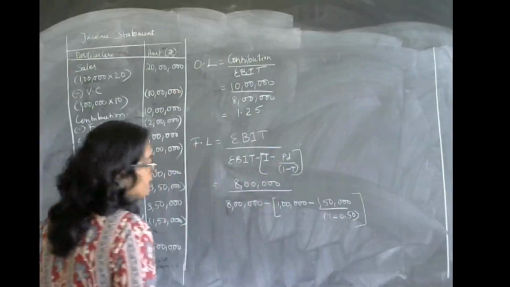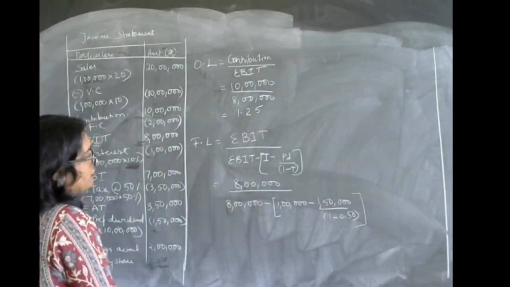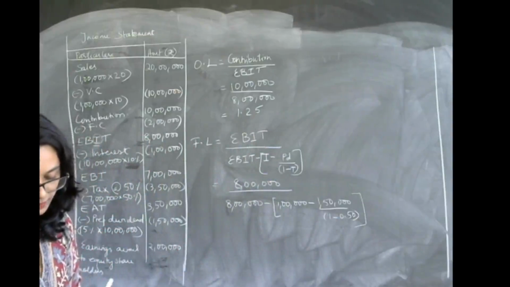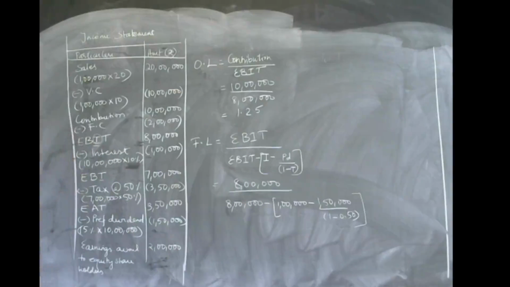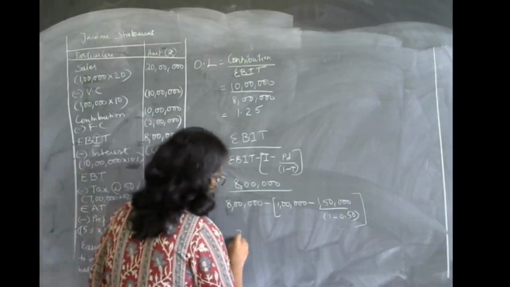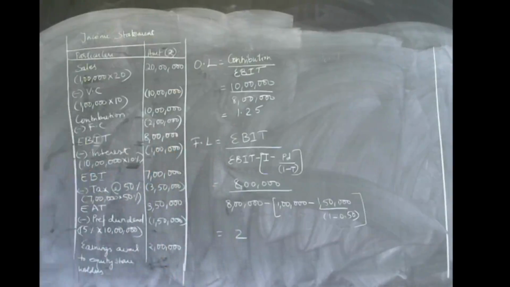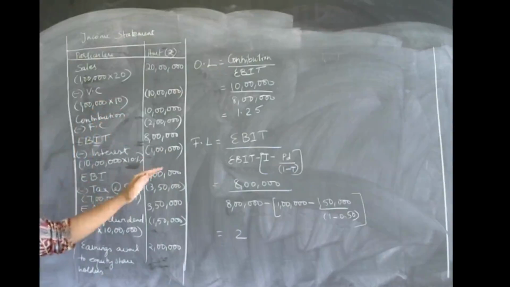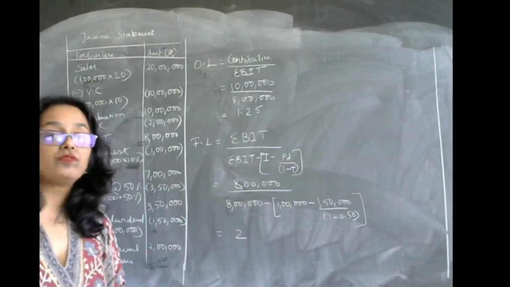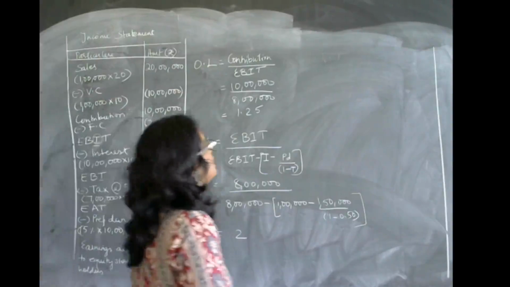Okay, so this is the equation of financial leverage. Now after solving this equation, you will get the total financial leverage as 2. Okay, so operating leverage, financial leverage, everything is sorted. Now let us move to combined leverage.